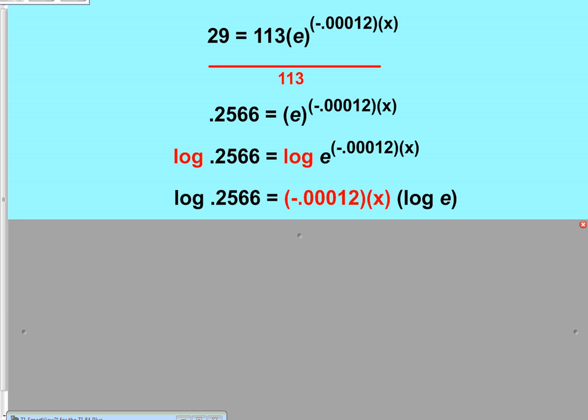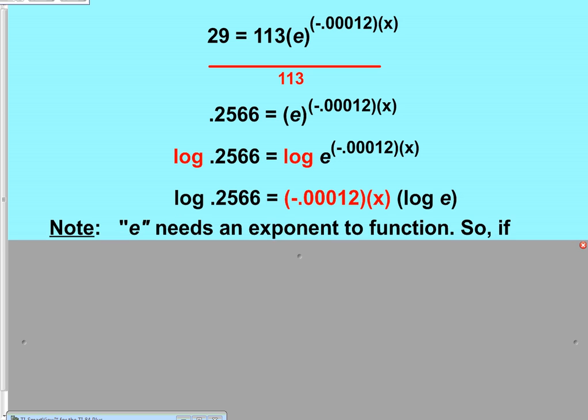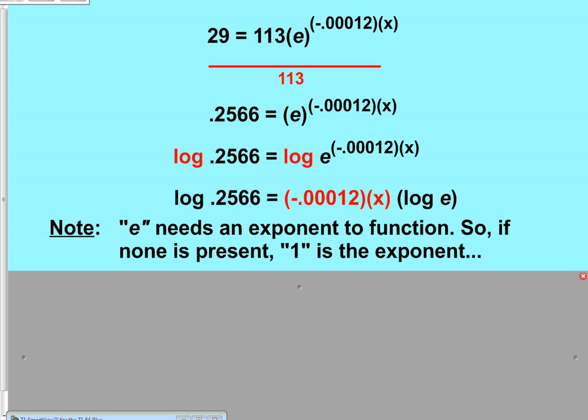Now, keep in mind, log of 0.2566 and log of e are both just numbers. One thing we need to pay attention to is that e, as we've already said, needs an exponent. When you push the e button on your calculator, it even automatically asks you for an exponent.